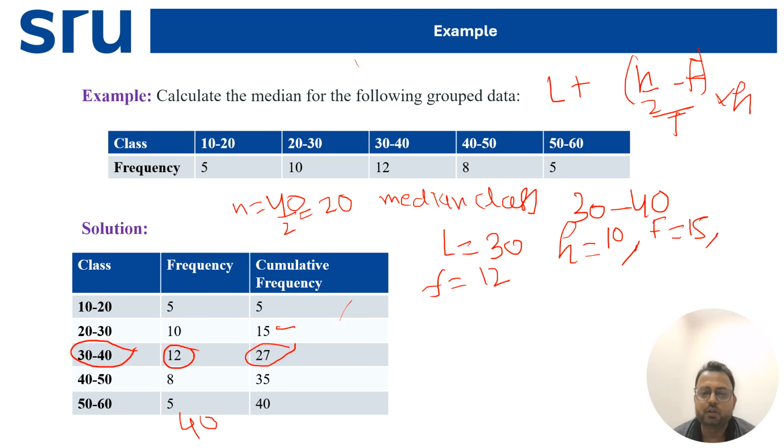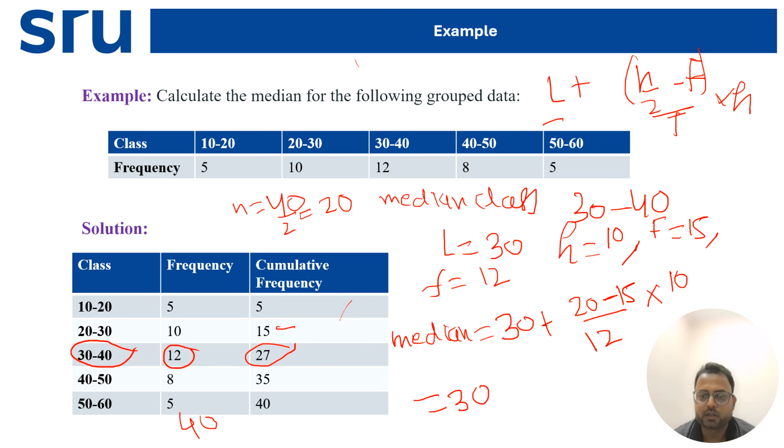So substituting all values in the formula, median is equal to L, which is 30, plus n by 2, which is 20, minus capital F, which is 15, divided by small f, which is 12, into h, which is 10.